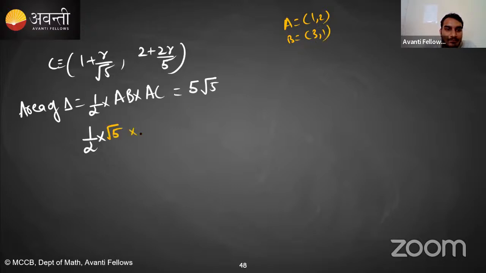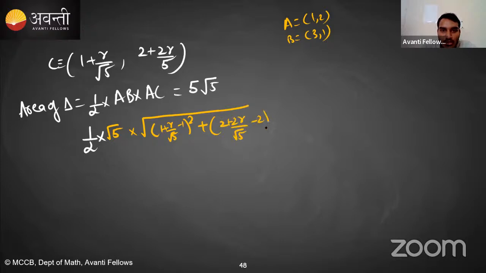What is AC? Under root of this coordinate minus this coordinate: (1 plus R by root 5 minus 1) whole square plus (2 plus 2R upon root 5 minus 2) whole square, which is 5 root 5. Clear? So root 5 by 2 into under root of R square by 5 plus 4R square upon 5 is equal to 5 root 5.